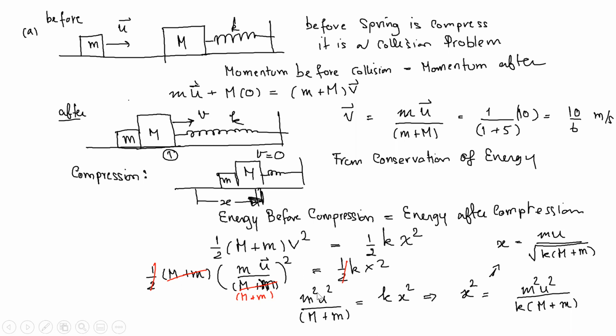So we have m squared u squared divided by capital M plus small m equal to k x squared. So x squared is m squared u squared divided by k times capital M plus small m, or x equals mu divided by the square root of k times M plus m.